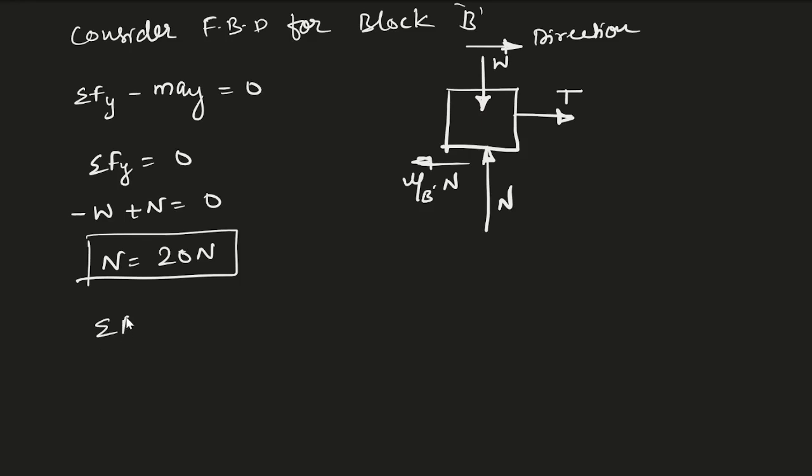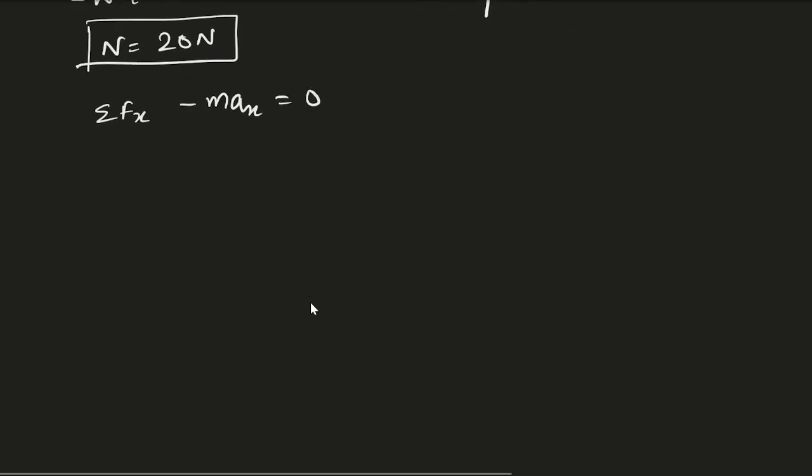Now we have to find F of x minus m a x equal to 0. Here we are using block B, so the acceleration will be AB.